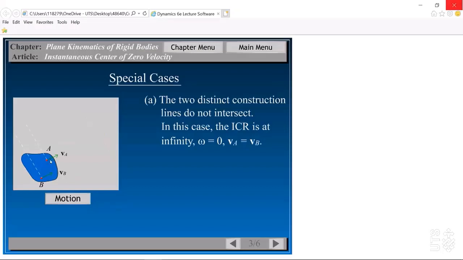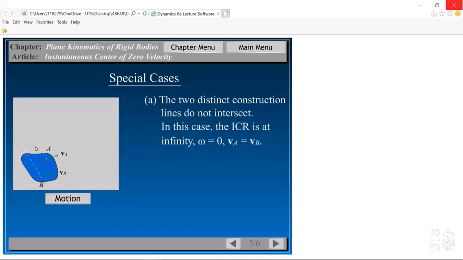For determining the location of IC, we have one line perpendicular to VA, another line perpendicular to VB, and you will see these two lines are parallel to each other.